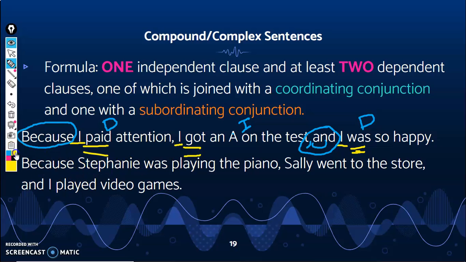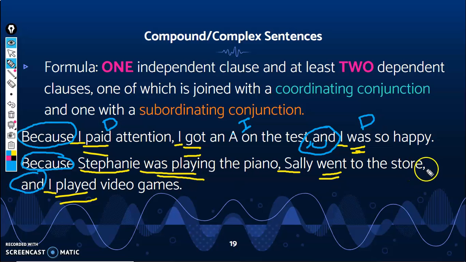Okay, next example. Because Stephanie was playing the piano, Sally went to the store and I played video games. Again, noticing the pattern: because is our subordinating conjunction, and then our comma and, noticing the comma is up here, is our coordinating conjunction.